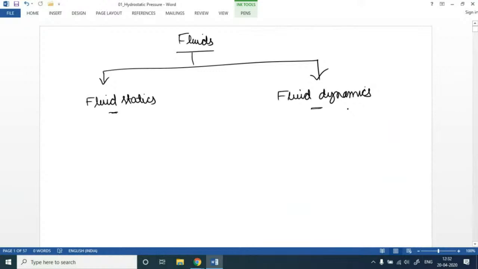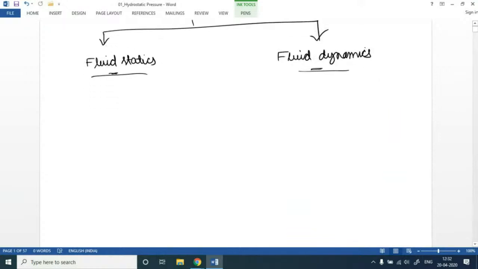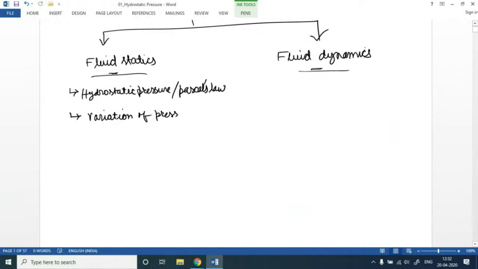Let me very quickly cover what small portion we will be covering under these headings. In fluid statics, firstly we will be talking about hydrostatic pressure. We will talk about Pascal's law. And once we have defined hydrostatic pressure, we will be looking at its variation of pressure inside liquid.